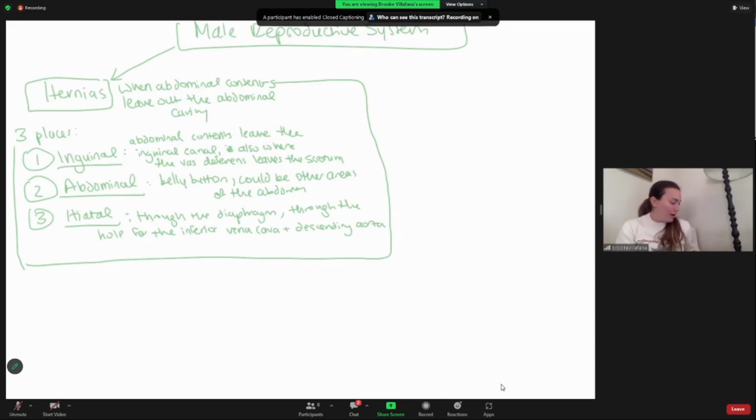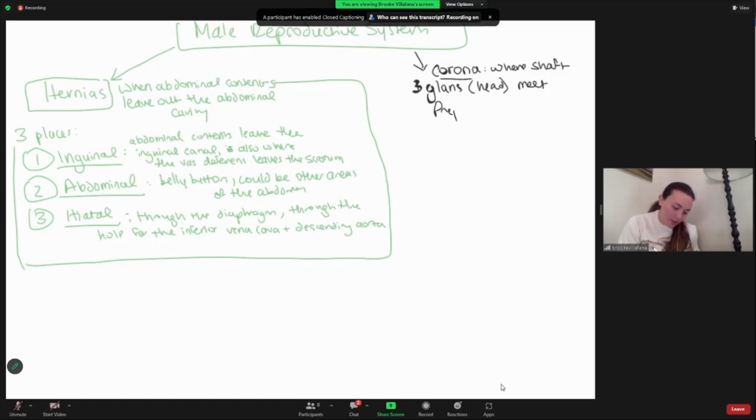I already labeled this on the model, so I don't think I need to write it. Prepuce is the same as the foreskin of the penis. Glans is the same as the head of the penis. Corona is the ring around the penis where the shaft and the glans meet.